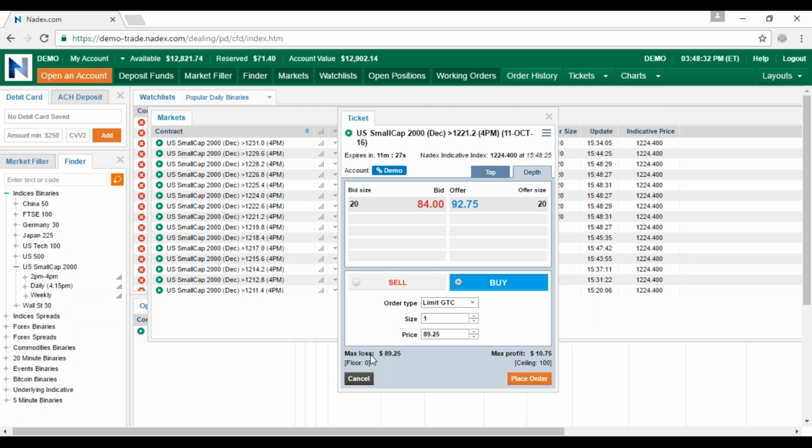So what really scares you about this right here is, what if the small cap at 4 o'clock expires at 1221.1? What happens?